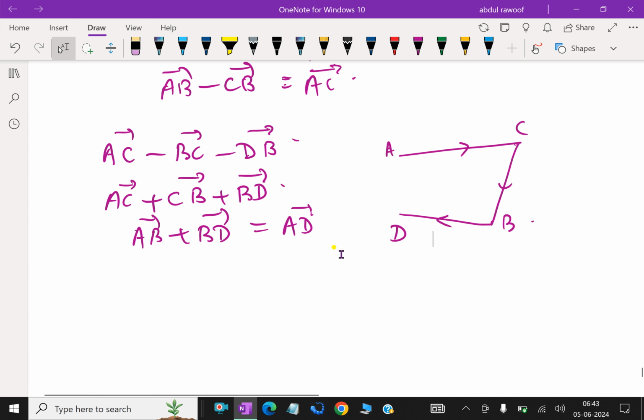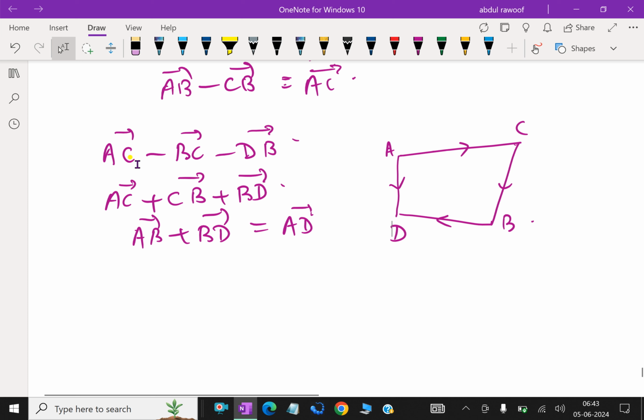Then this final result, that is the resultant, is from the starting point to the endpoint. So now vector AC plus CB plus BD is equal to vector AD.